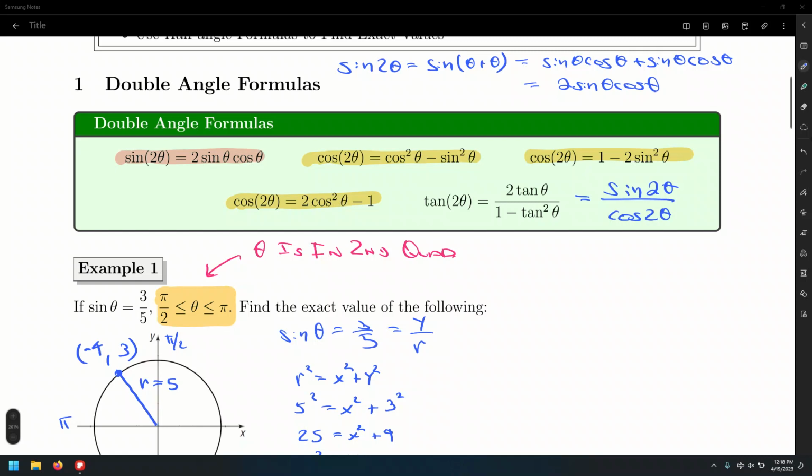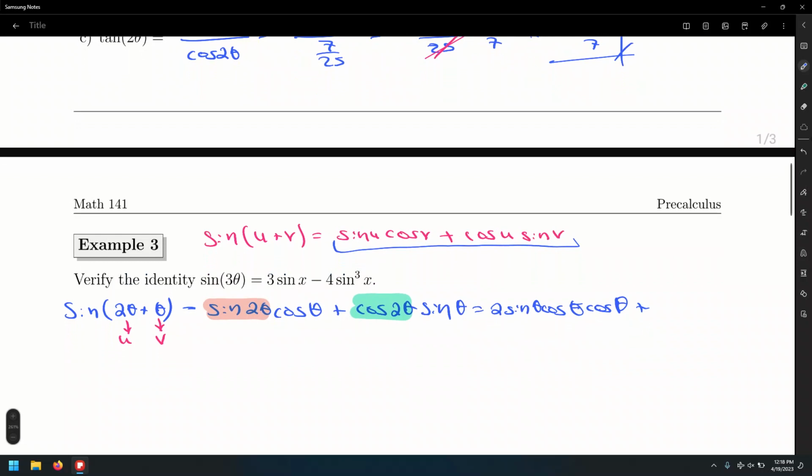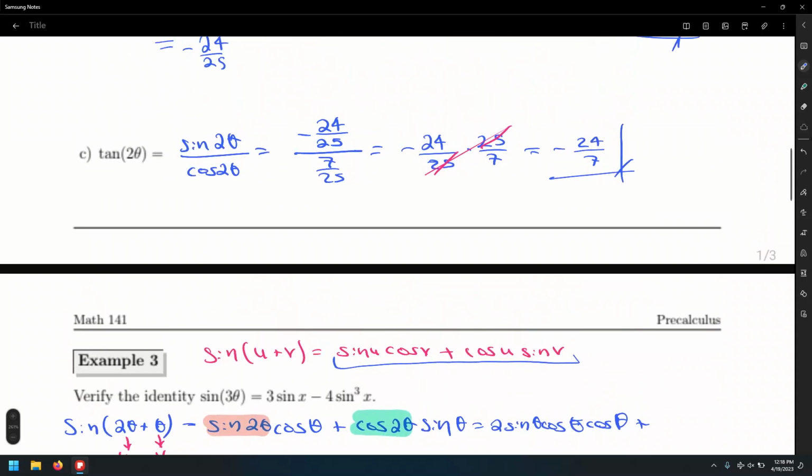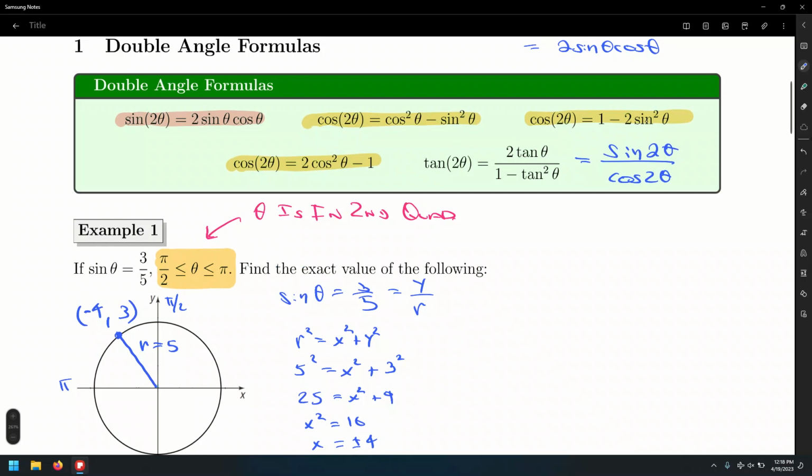Which one is the best one to use? Notice our ultimate goal here is to write everything in terms of sines, so you might want to use the identity that involves all sines. That's going to be 1 minus 2 sine squared theta.